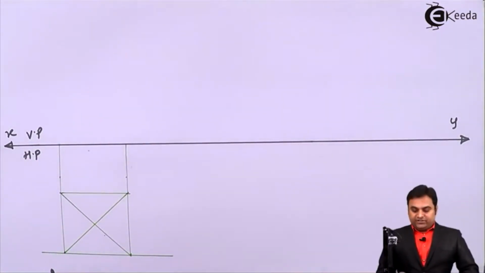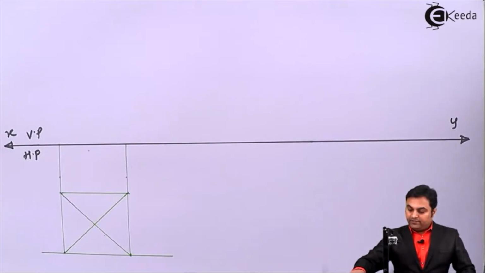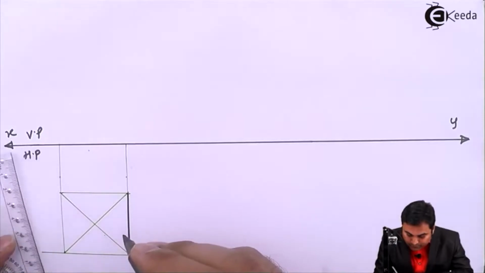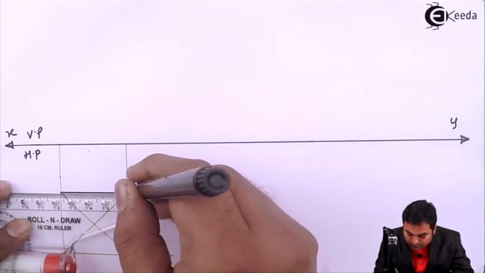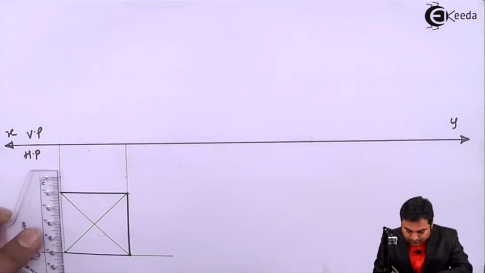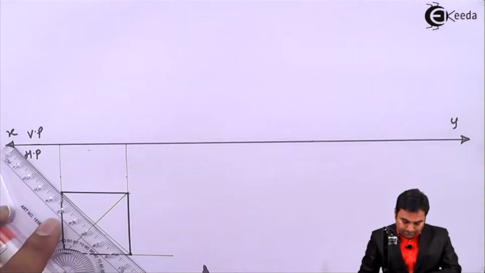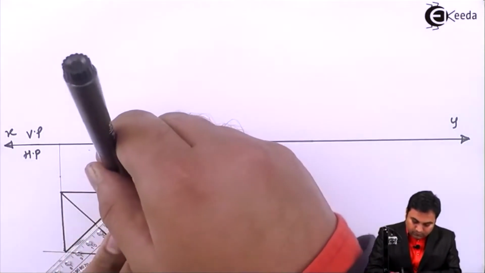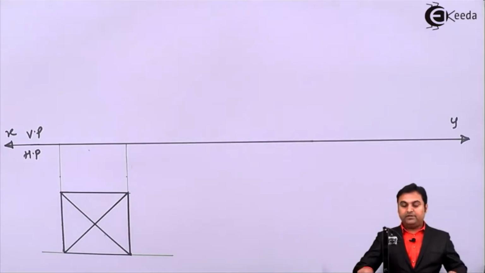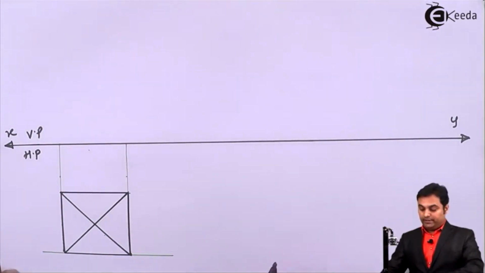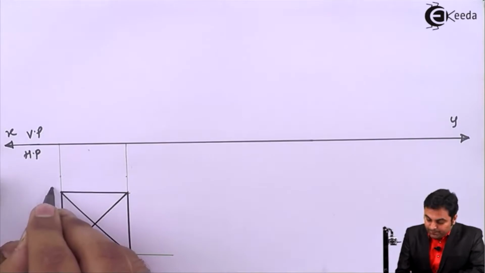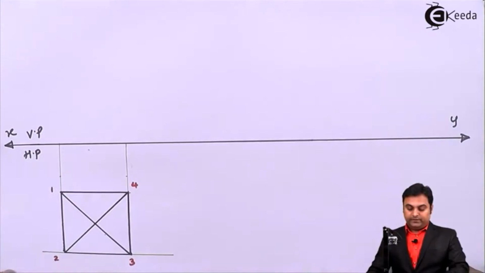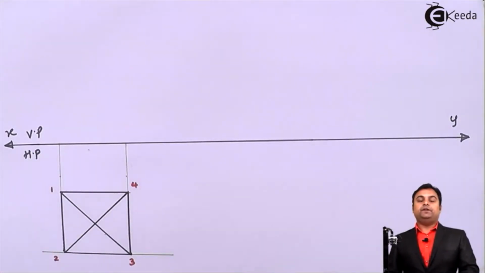So this is the initial condition, and here I make the edges dark. So in this way the pyramid will look from the top. Here I'll give the notations to it. Next, this is the top view of the square pyramid.